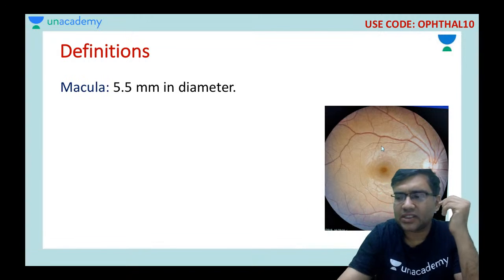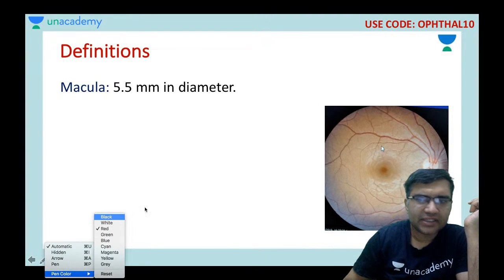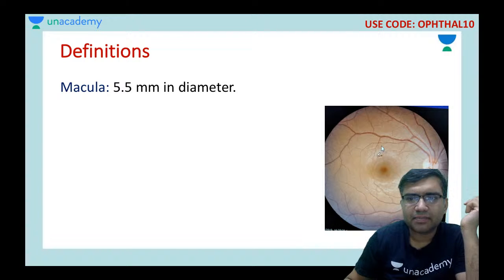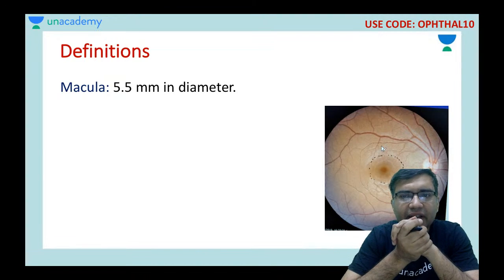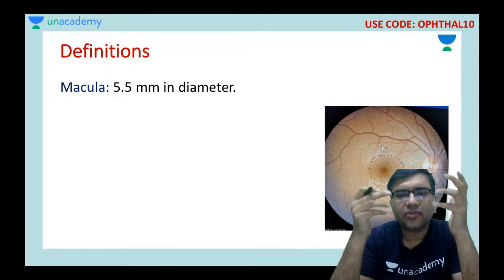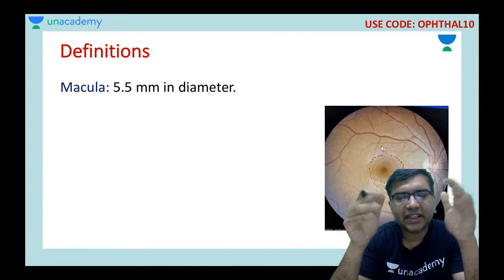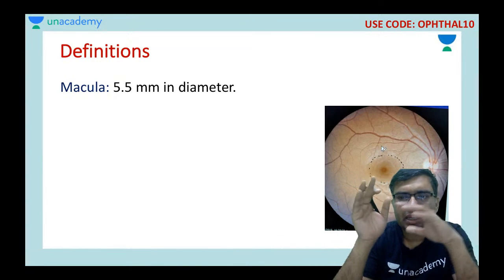First of all, what is the macula? Can you see this area having a halo? This area is around 5.5 millimeter in diameter, and remember the macula is the area which gives you the form of vision, the color, the contrast sensitivity, and the shape that you see in a patient.